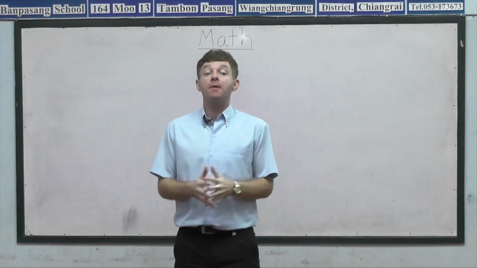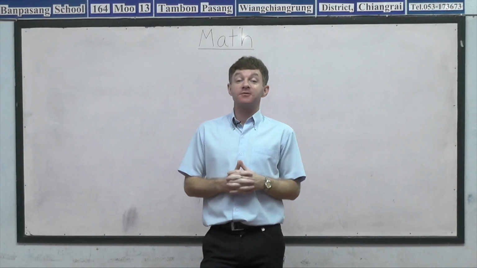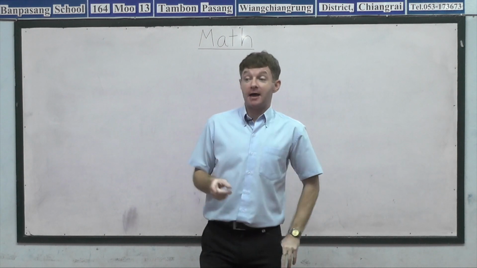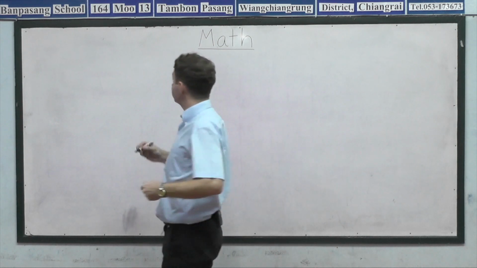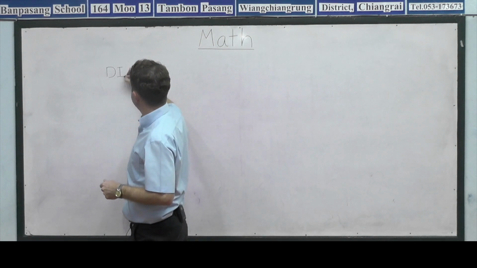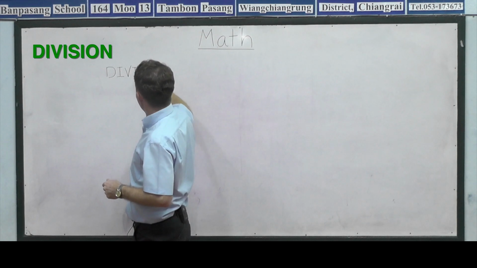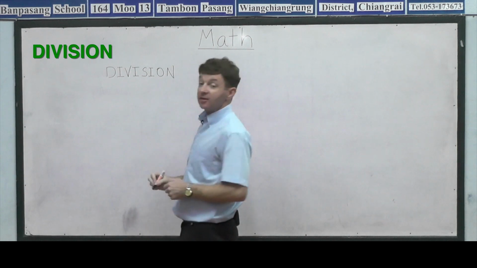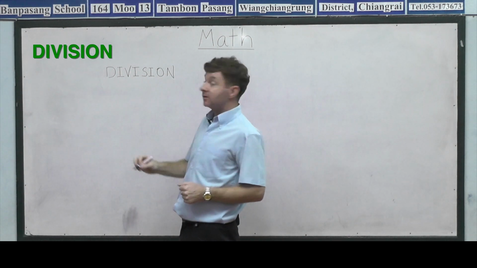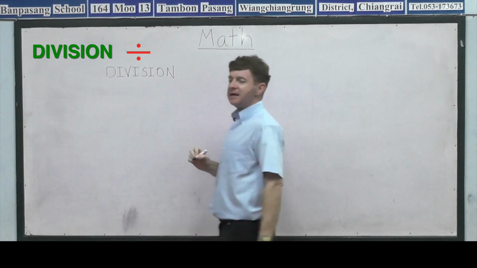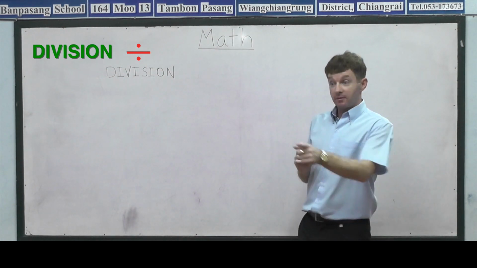So who can tell me what we learnt about in the previous math lesson? Division is right. Okay, so let's write that word first. Division. D-I-V-I-S-I-O-N. Division. And we'll draw the division sign above. How many digits did we divide?